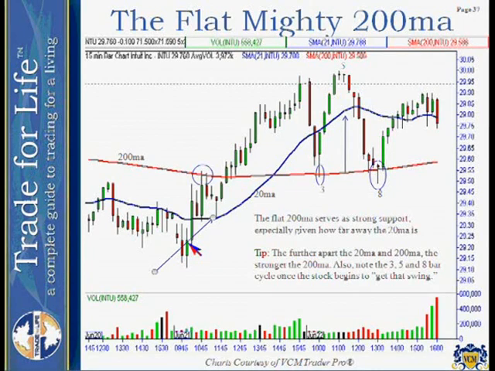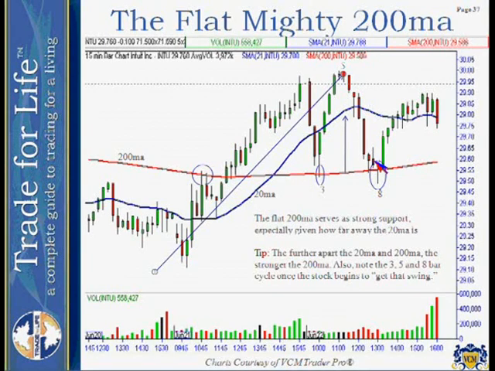Bam. That initial halt. Now here we crack back through the 20, and the next area of support is the flat 200. Then we buoy off the flat 200, back up. We pull all the way back through the 20 again, and we find support at the 200 again.